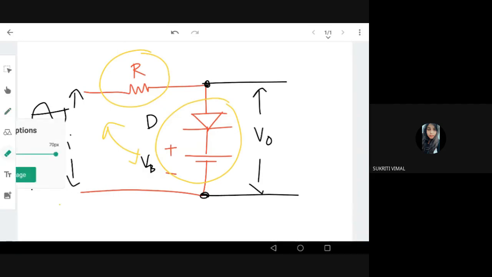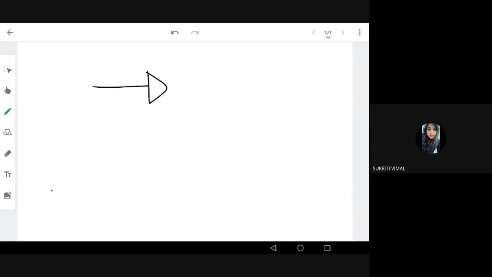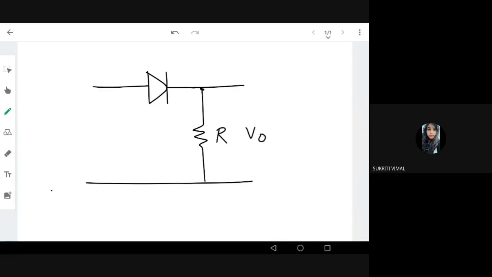Now our circuit becomes this: I have taken the resistance from that place and kept the diode in this position. We already discussed what happens in this circuit, with only one diode in the forward path.